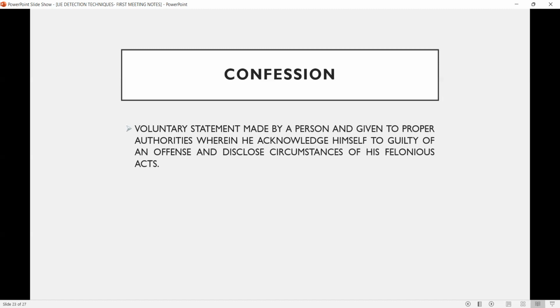So from suspect, nahimo na siyang respondent pag naa sa prosecution pillar. And then if naa sa court pillar, accused na, akusado. Again, suspect, law enforcement pillar. Respondent, prosecution pillar. Accused, the court pillar.